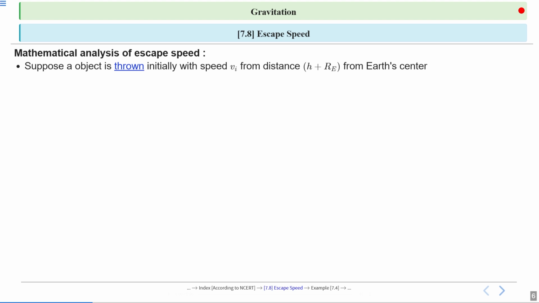So let's start by considering an object thrown with an initial speed, denoted as vi, from a distance of h plus re from the center of the earth. Here re represents the earth's radius and h is the height over the earth's surface.